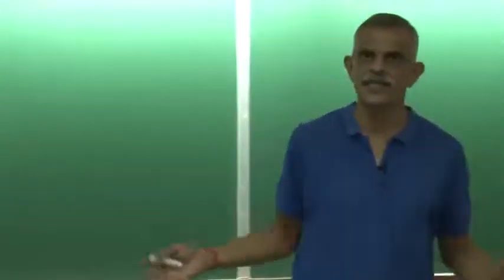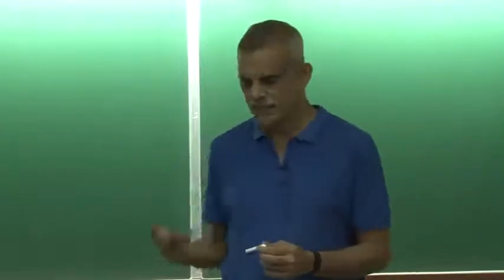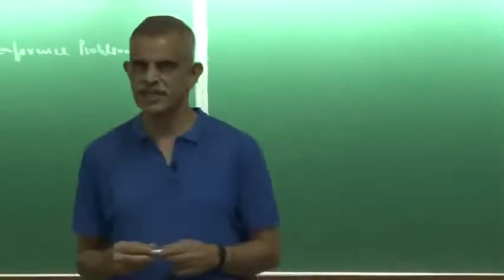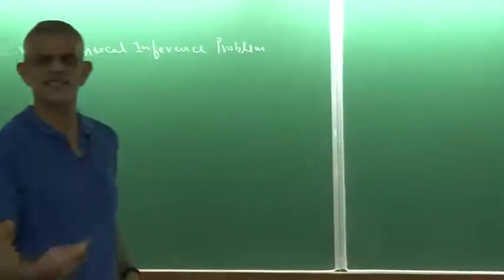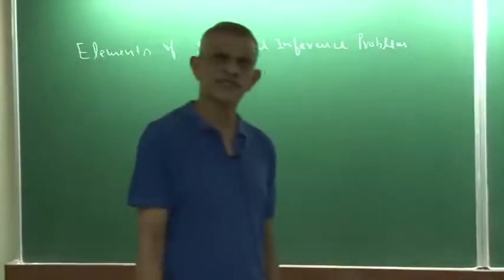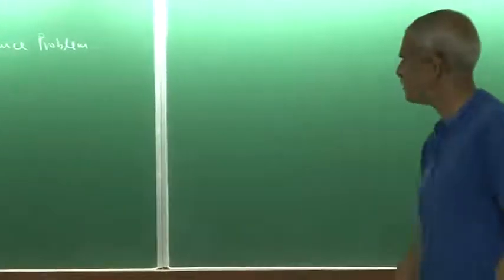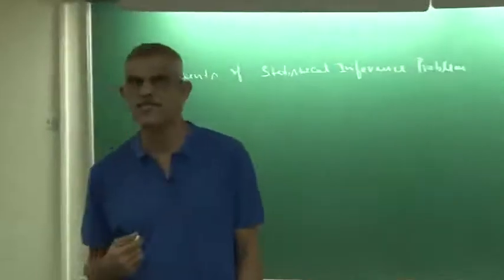They can be broadly categorized into two categories. One is called non-parametric statistical inference, and then parametric statistical inference. And I said that for the purpose of this course, mostly we'll be restricting to non-parametric statistical inference. And then we talked about the elements of any statistical inference problem.